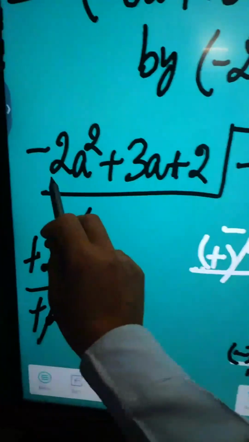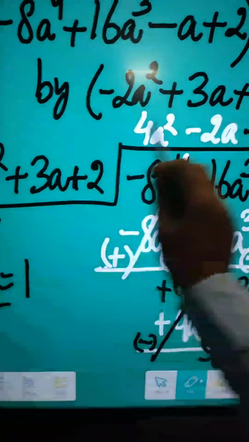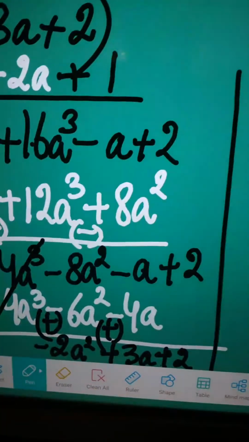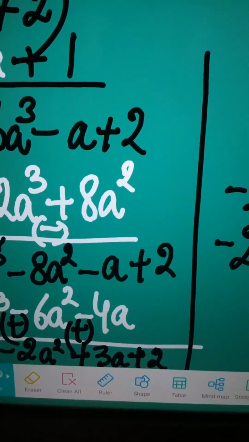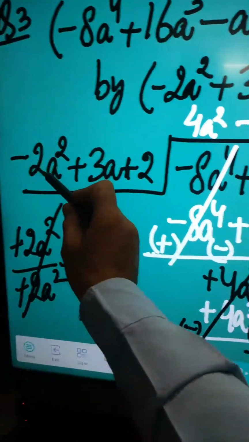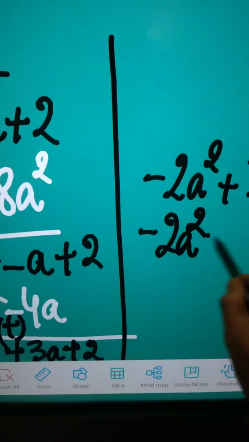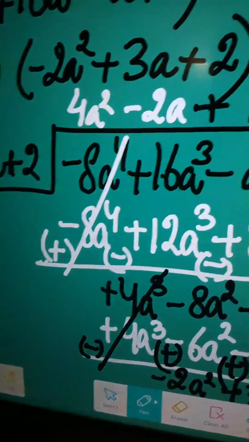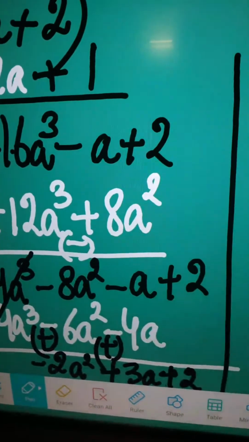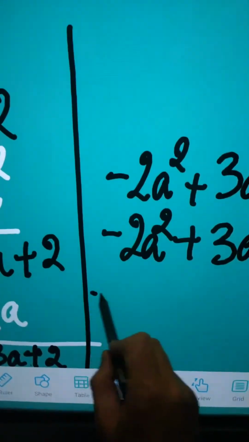Now it is simple. Minus 2a square will multiply plus 1. Minus 2a square into plus 1 will give you minus 2a square. This is plus sign and this is minus sign. So minus 2a square, plus 1 into 3a will become plus 3a, and plus 2 into 1 will become plus 2. So on dividing, I am getting this.